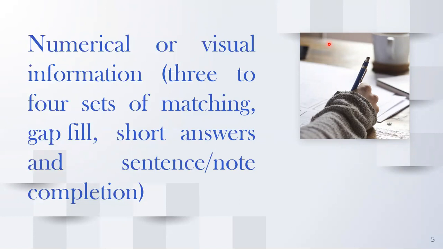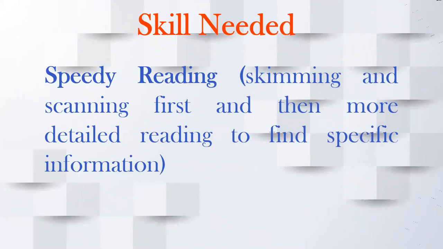There are usually 4 sets of questions that would ask you to match information to text. Then there are some that you have to fill in gaps, some you have to write short answers, and for some you're supposed to complete notes or sentences in that part of the reading subtest.